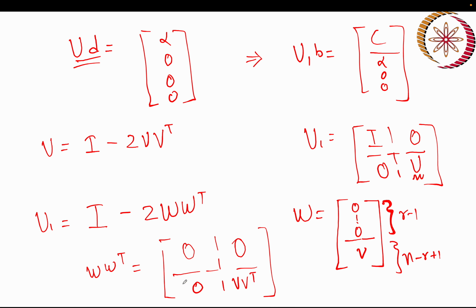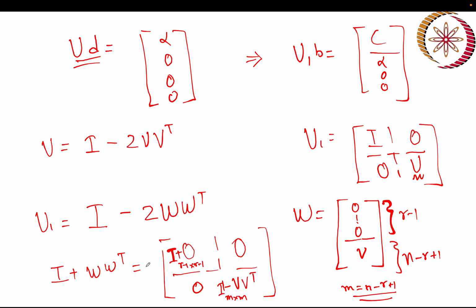V transpose, and if we add the identity matrix to this, it will be the R minus 1 cross R minus 1 identity part, and here also it will be I, but this will be M cross M, where M is nothing but N minus R plus 1.